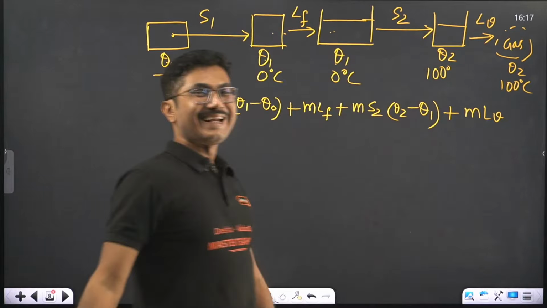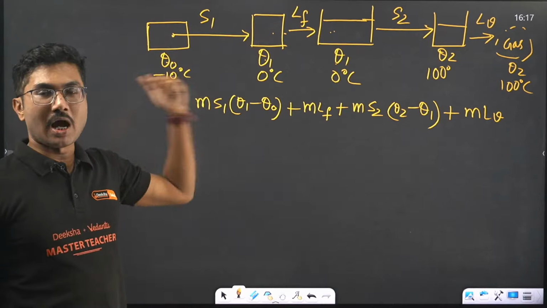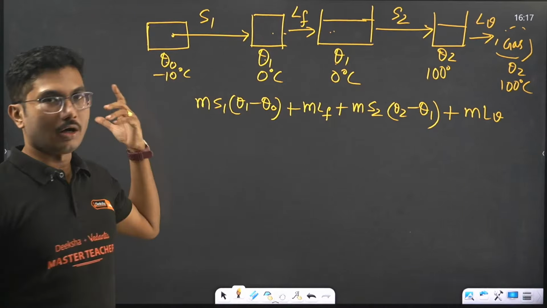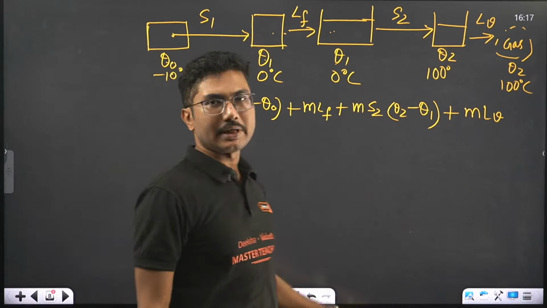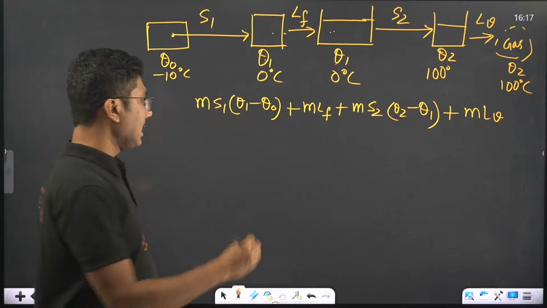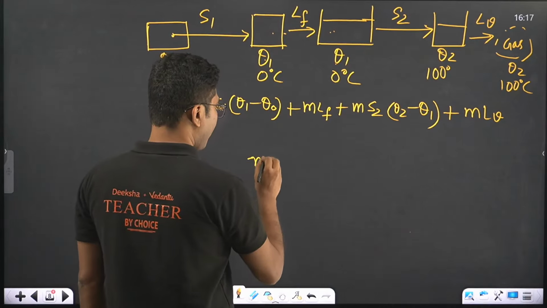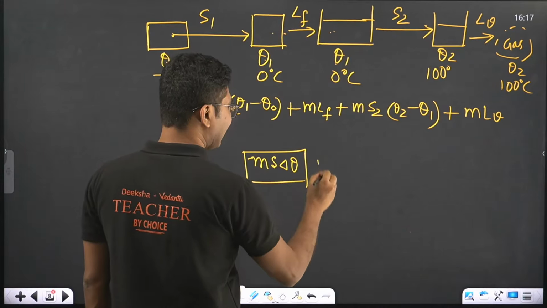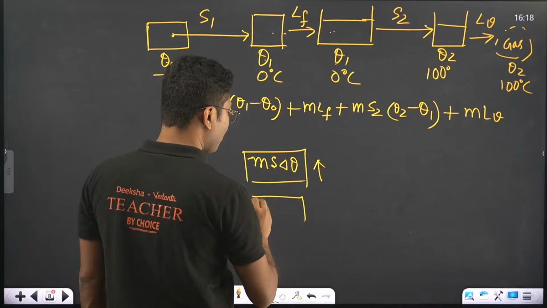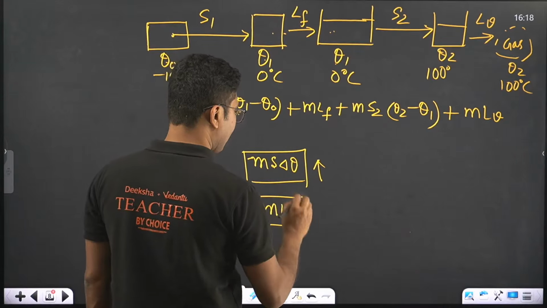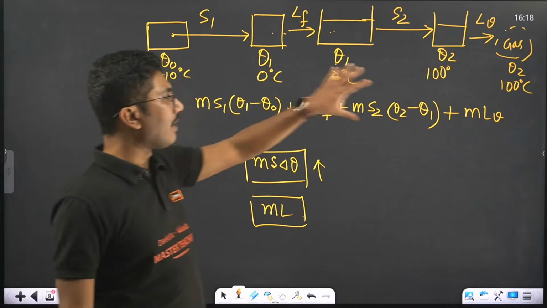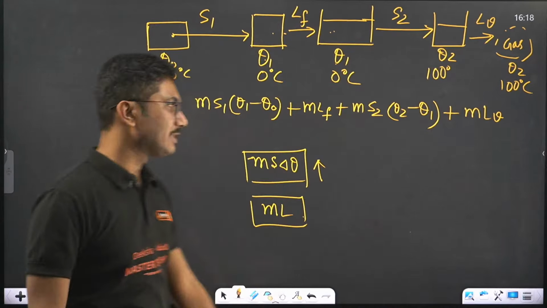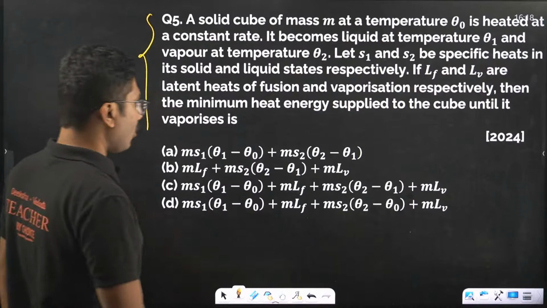If latent heat is given, then mass into latent heat is the heat required to change the state. For any other case, when you are just increasing the temperature, it will be ms delta theta. That is the formula for heat increase, and for melting or vaporization the formula is very simple, mL. So here we have two stages where the temperature is increasing and two stages where the state is changing. So the correct answer will obviously be this one.